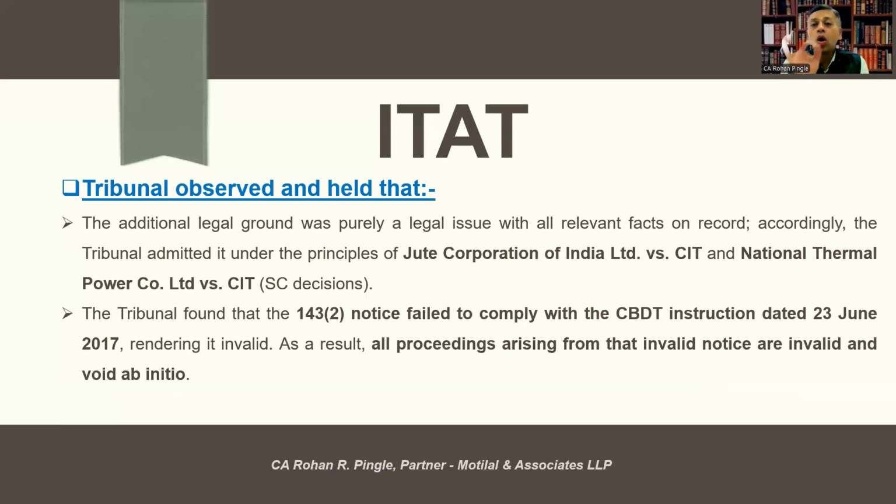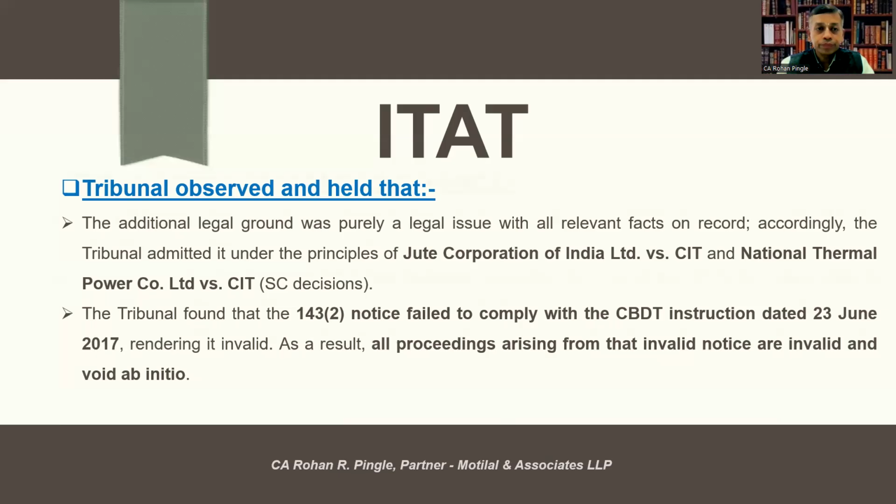As a result, all proceedings arising from that invalid notice, meaning proceedings based on the invalid notice, are invalid and void ab initio. You have to keep in mind that whenever proceedings are based on an invalid notice, they can be void ab initio.